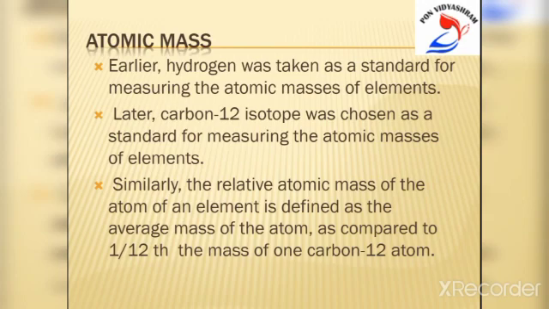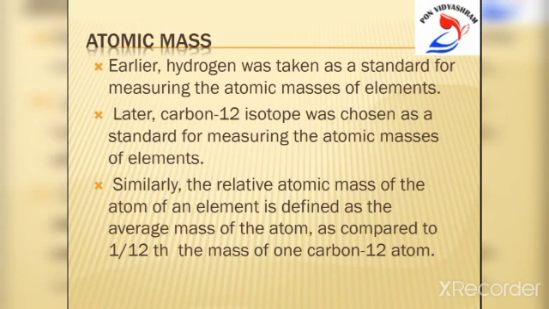Carbon-12 atom is that atom of carbon which has 6 protons and 6 neutrons in its nucleus, so that its mass number is 12. Carbon-12 atom has been assigned an atomic mass of exactly 12 amu, that is atomic mass units. Mass unit was earlier written in short as amu, but these days atomic mass unit is denoted by the letter small u.